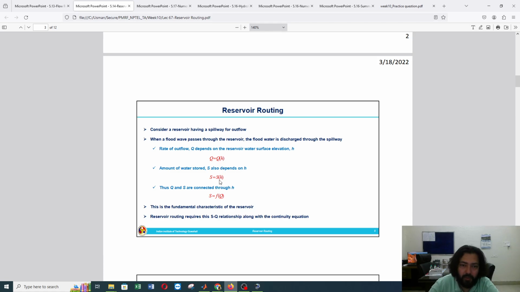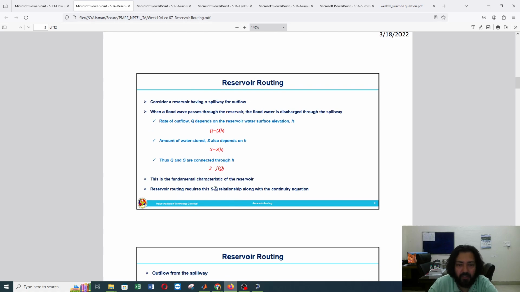If we look at these two equations, both terms are dependent on elevation. Since the right-hand sides of the equations are the same, the left-hand sides will also be the same. So we can connect that storage is a function of discharge. This is a very important relation in reservoir routing: storage is a function of outflow, and we call this the S-Q relationship.